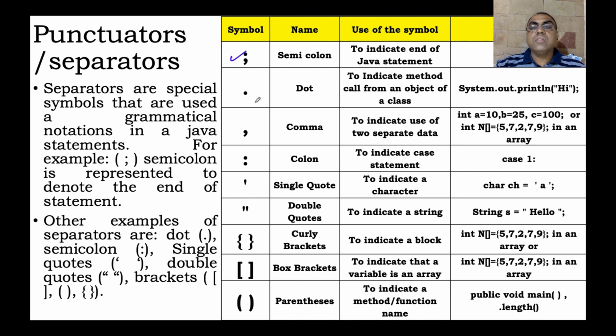Dot, you've seen this. This dot has been used already, System.out.println. So dot is one of the operators that indicates the method and function call from a given package or a given class. We will deal with packages later on in 9 standard or 10 standard also.